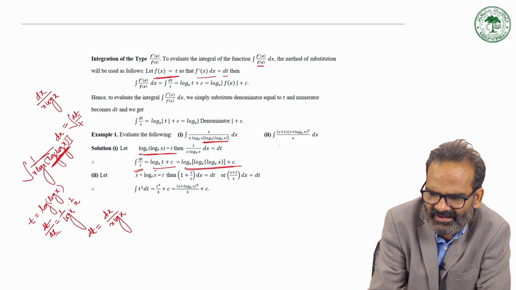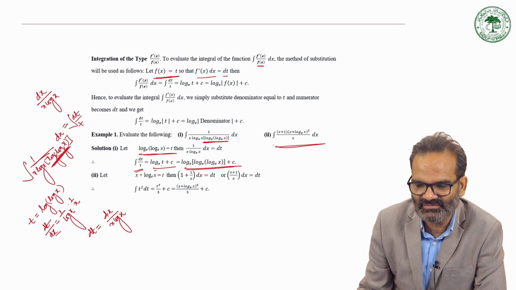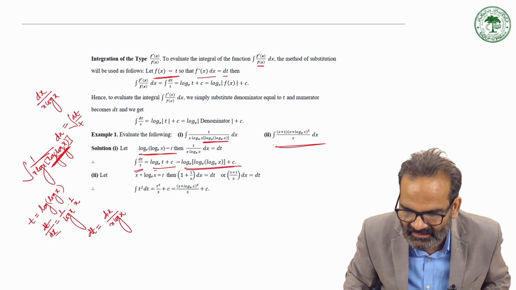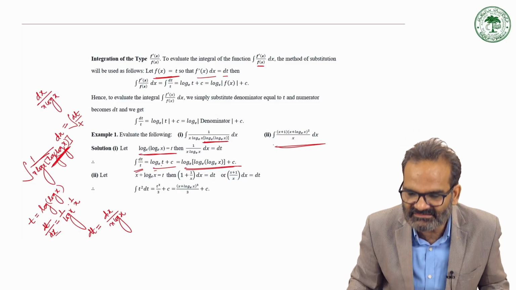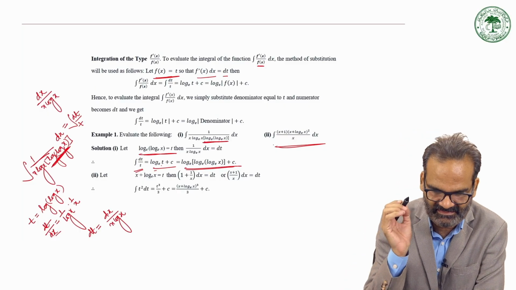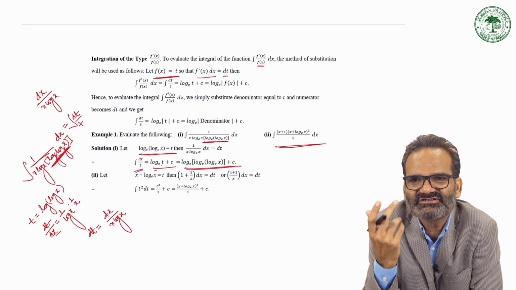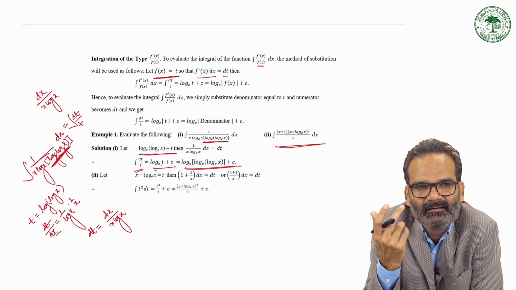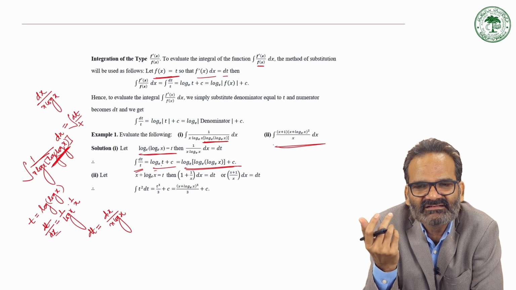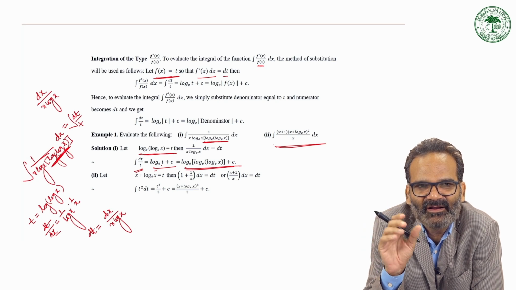On a similar pattern, we can do this question also. See, x plus 1, x plus log x raised to the power 2, divided by x. So our first objective is what we should substitute. If we substitute x equal to t, we cannot obtain the remaining portion.